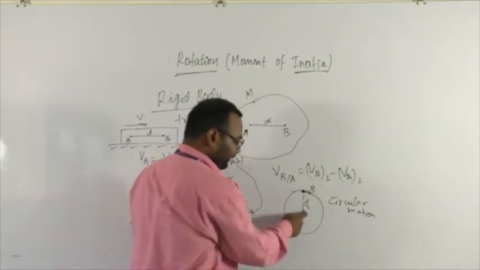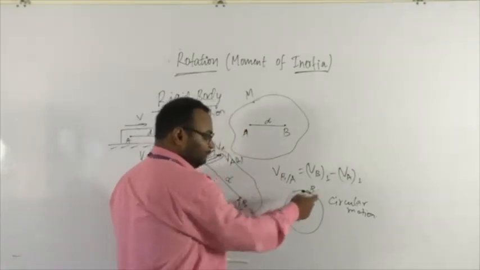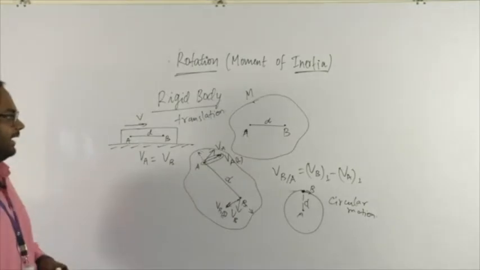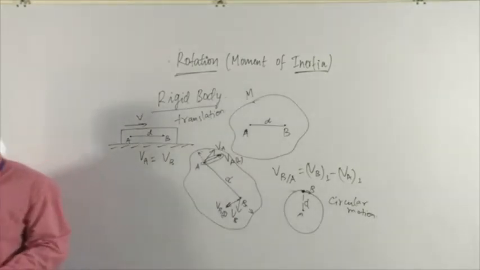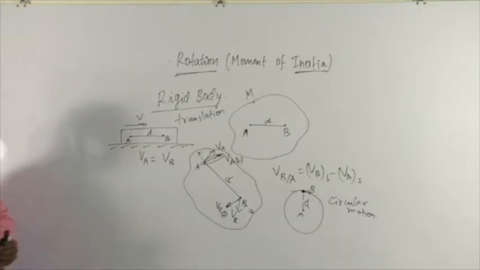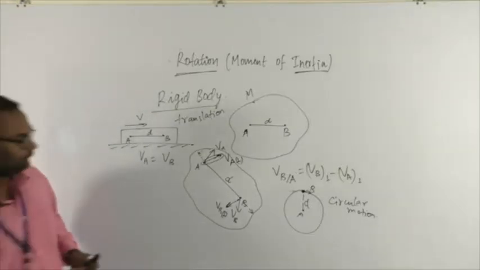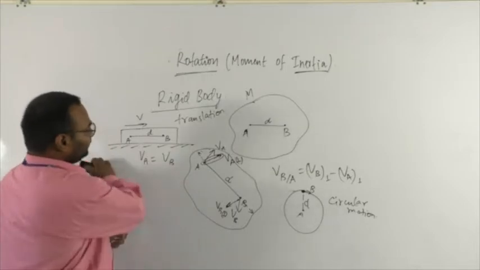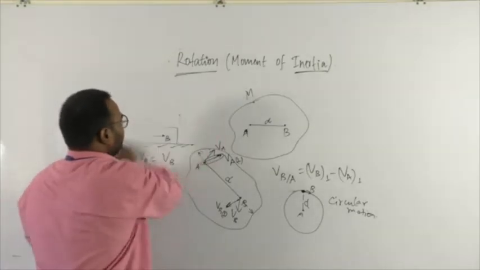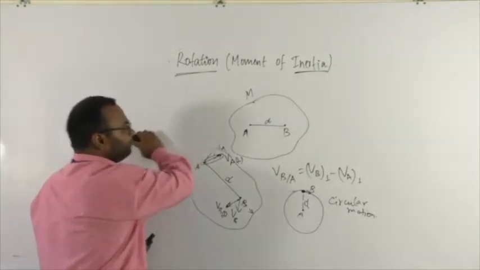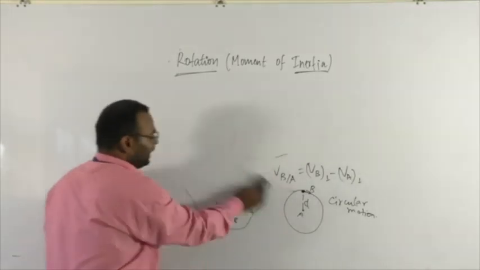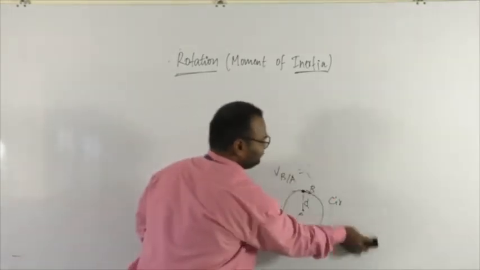This is fixed and this person is watching B going in a circle. So the definition of rigid bodies is important to know how rotation comes.